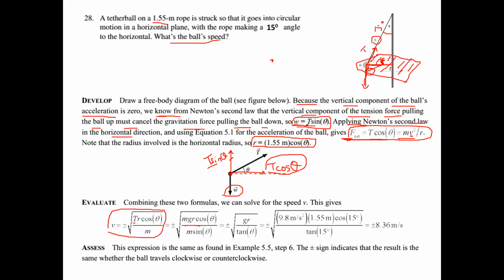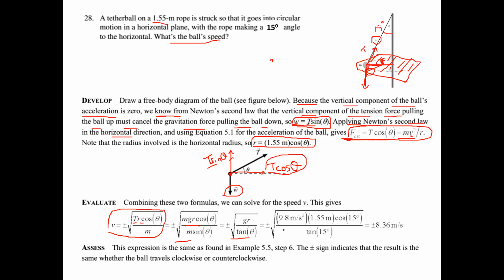T will be equal to weight over sine theta. Also weight, you know, mg, right? So when you arrange this equation, when you put the T and r here, you will get this equation. And cosine over sine, you know, 1 over tangent theta, right? Here, gr over tangent theta.